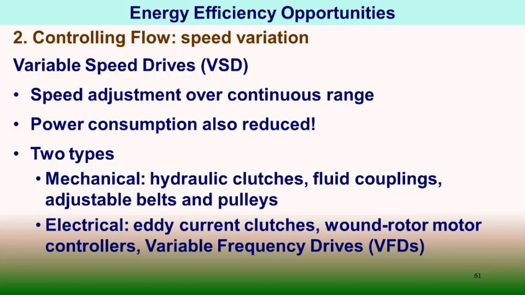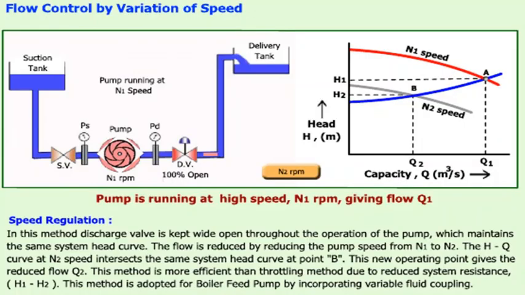In this figure we will try to understand how the speed control is actually working. Suppose a pump is running at high speed N1 giving a flow of Q1, when the discharge valve is wide open and it is running at N1 speed. Now if we reduce the speed to N2, as a result the system resistance curve or system head is cut at a lower value of capacity Q2.